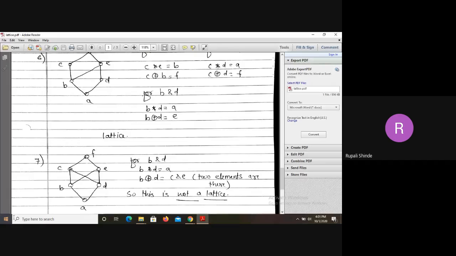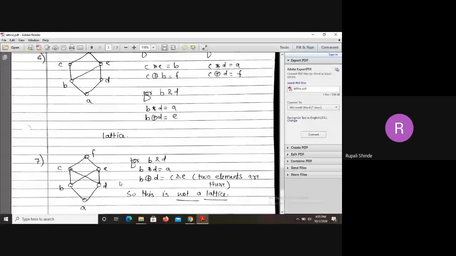But here, in case of this diagram, if you take B and D, for these two elements there exist two least upper bounds, C and E. And if you consider the pair of elements C and E, then two greatest lower bounds exist, and those are B and D. That's why this violates the property of lattice.